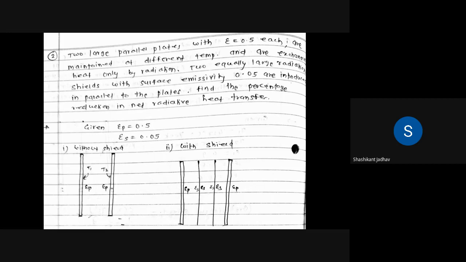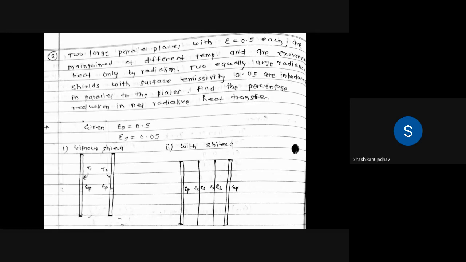Then two equally large radiation shields with surface emissivity 0.05 are introduced in parallel to the plates, meaning two large radiation shields are placed in between these two plates, and their emissivity is given as 0.05. For the radiation shield we use the notation epsilon s.